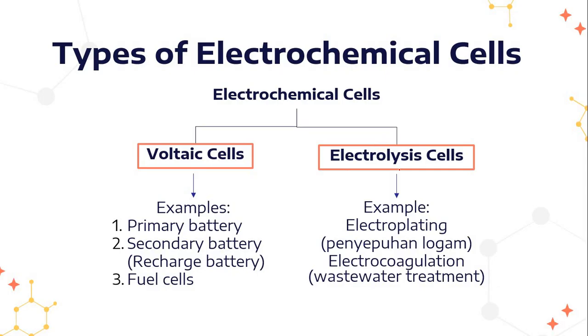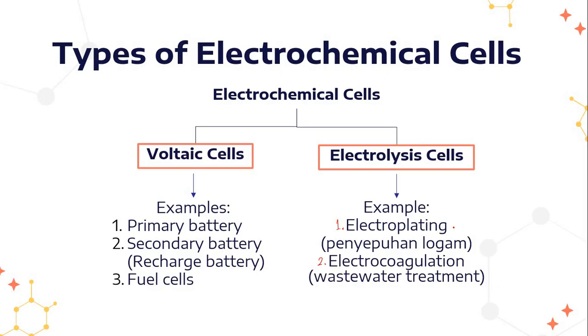For electrolysis cells, in daily life we can find two techniques as examples. The first one is electroplating, and the second one is electrocoagulation. Maybe these two techniques are new for you.